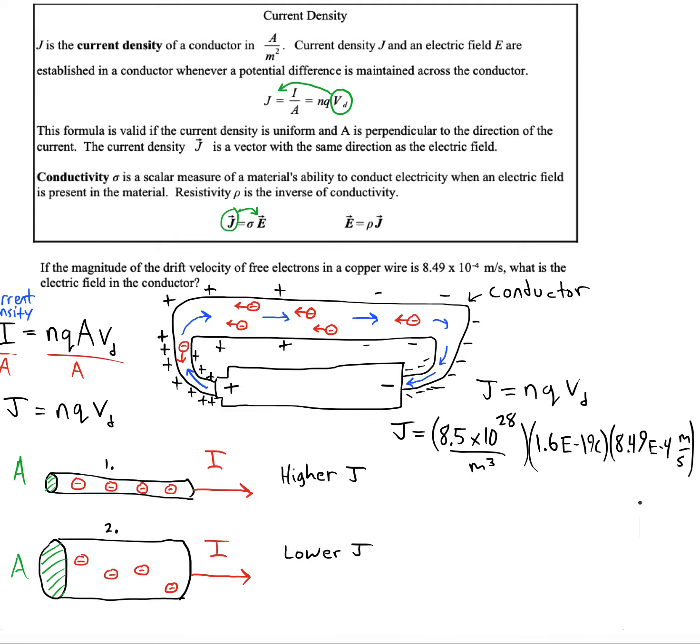And I plugged in the drift speed, which is a slow speed, 8.49 times 10 to the minus 4 meters per second. I get a current density of 1.15 times 10 to the 7th. The units of current density will be amps per meter squared.